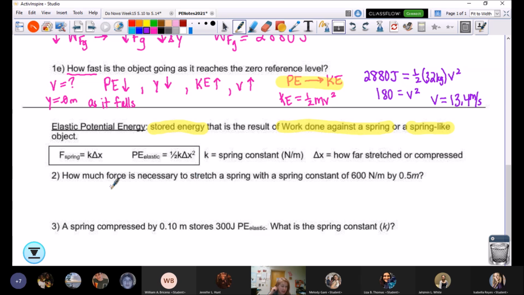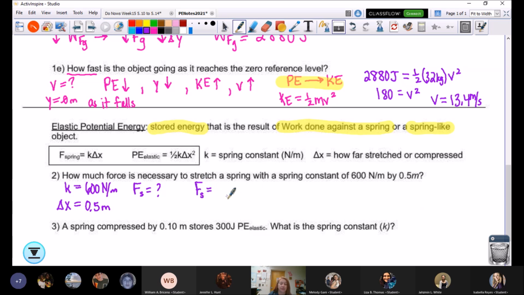So the first example is asking how much force is necessary to stretch a spring with a spring constant of 600 newtons per meter. So that's our first given. And it's giving us a displacement of 0.5 meters. Find the force of that spring.